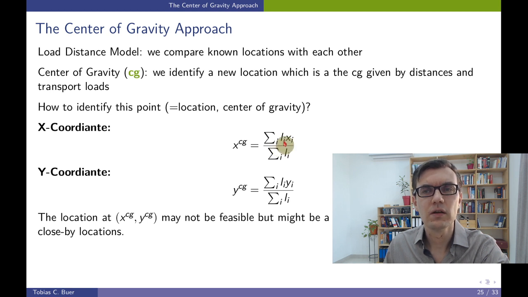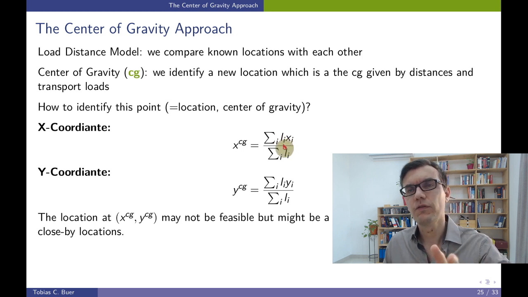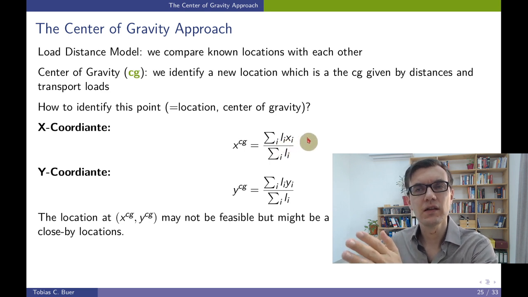In the previous example, in the load distance model, the existing locations were represented by J, not by I. This can change quickly; it is not defined once and for all and then kept the same for the whole lecture.